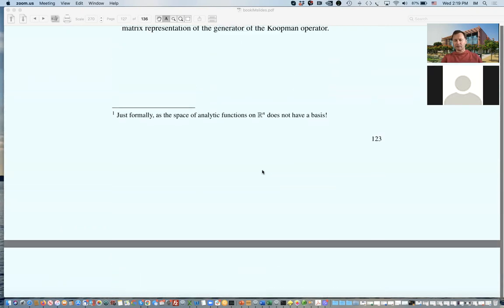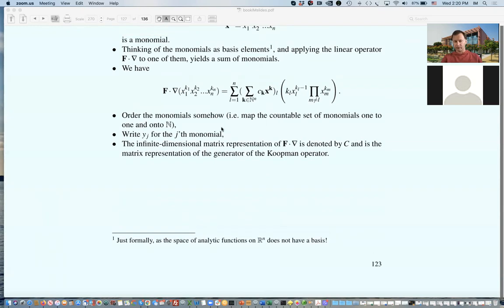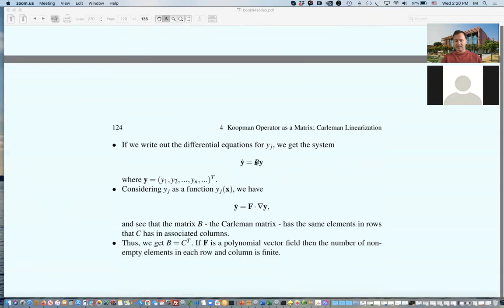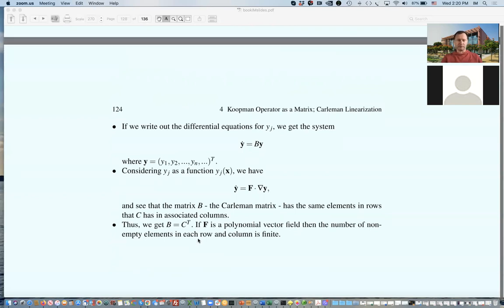But if we act on the coefficients, just like I've shown for the operator A, then we get a matrix C, and B and C are related in the sense that B, which we are going to call the Carleman matrix, is just the transpose of C. Since f is a polynomial vector field, the number of non-zero elements in each row and column is going to be finite. This should really be non-zero, not non-empty.